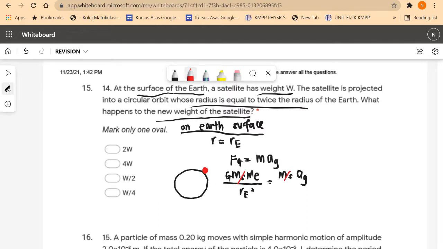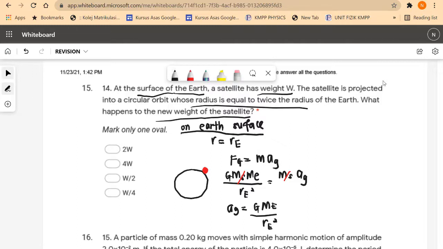So Ag equals G mass of Earth over radius of Earth squared. This is the acceleration due to gravity on Earth's surface.